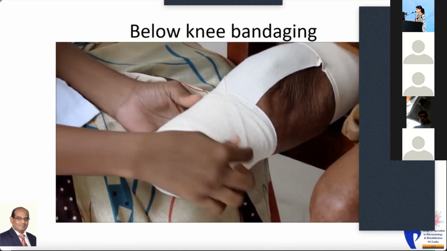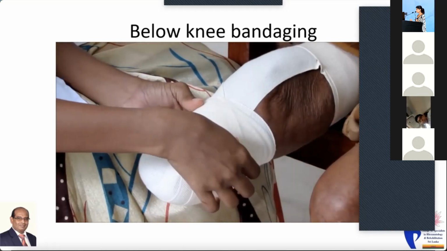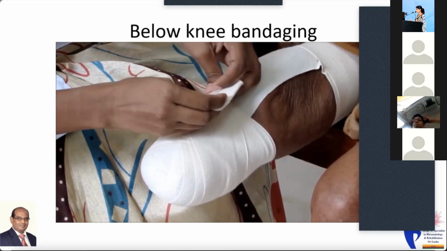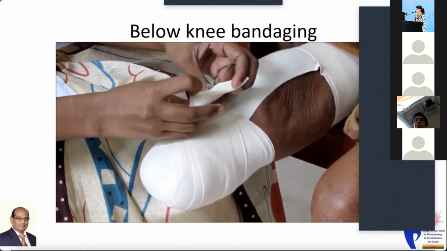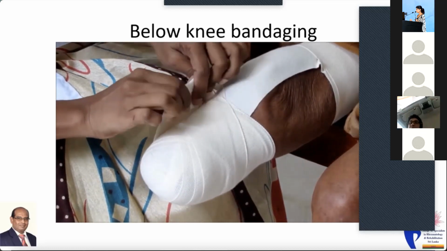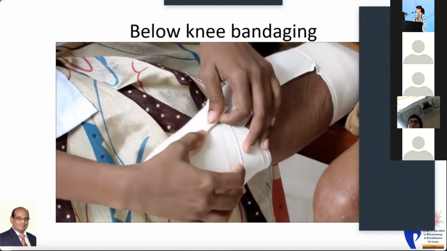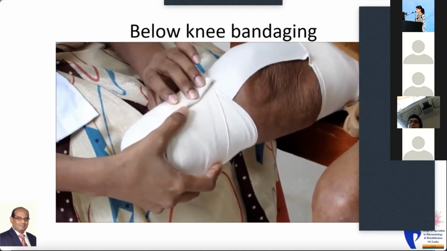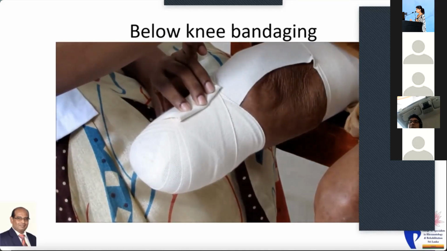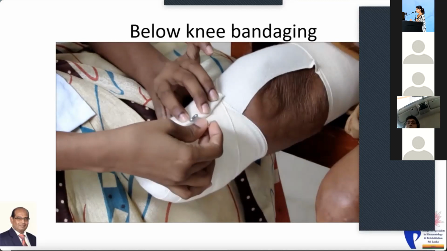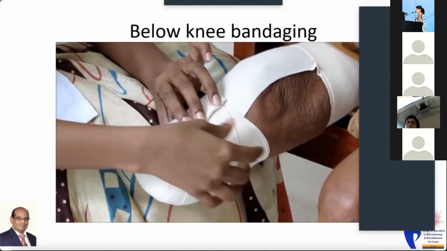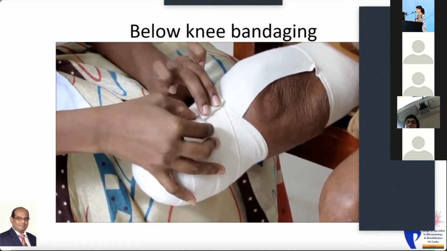For this patient, we can use only one bandage, but there are some patients for whom one bandage is not enough. Normally, we fix the end point of the bandage most lateral to the stump, to avoid damage to the other limb.